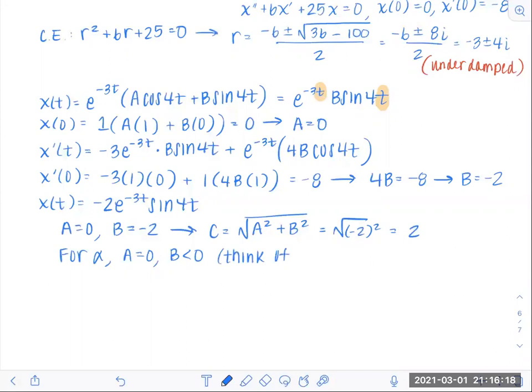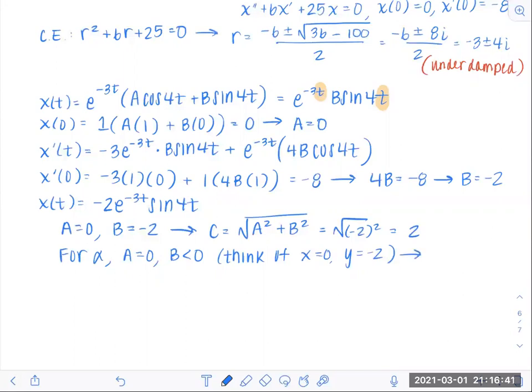think of when x is 0 and y is negative 2. Remember, it was the cosine portion that went to 0 and the sine portion had negative 2. If you think of the unit circle, cosine is always associated with x and sine is associated with y. So think of x as 0 and y as negative 2.